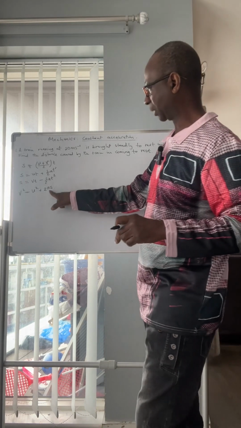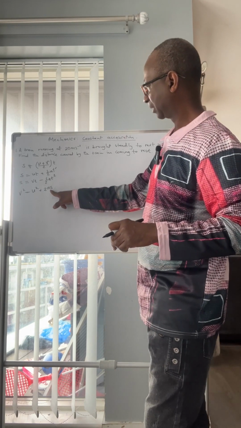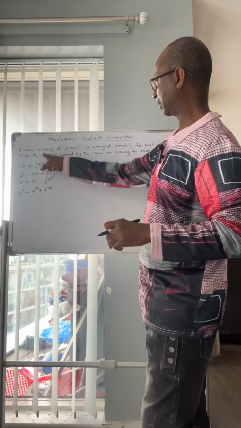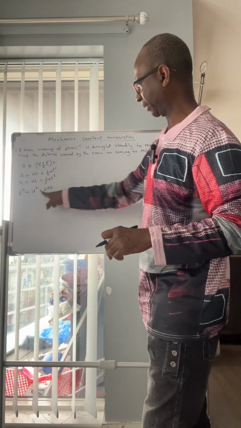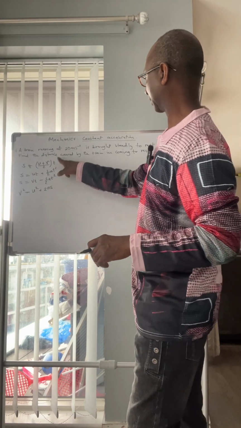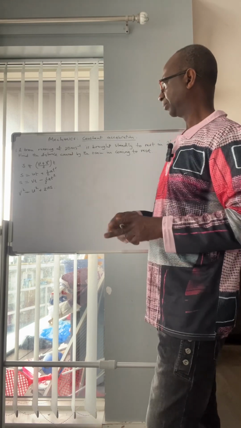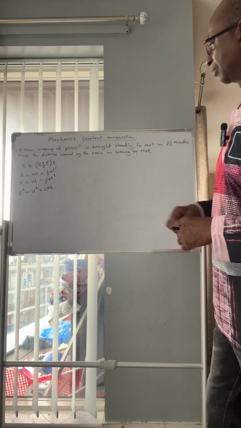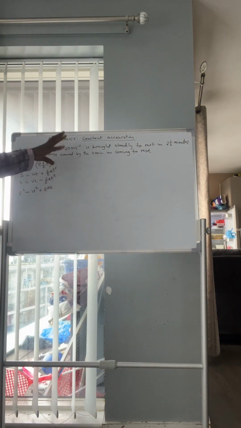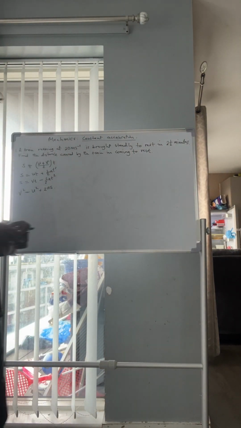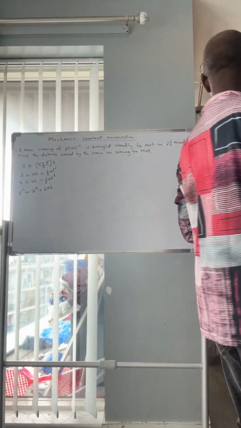Because from here, you can make s the subject of the formula, and you can still calculate your distance from this formula. S is the distance that these constant acceleration problems represent.